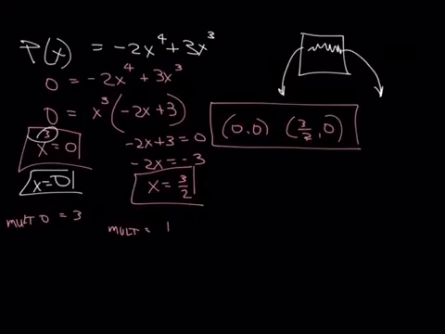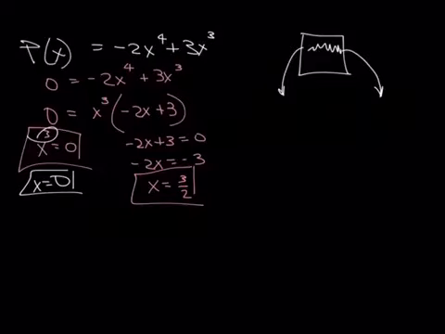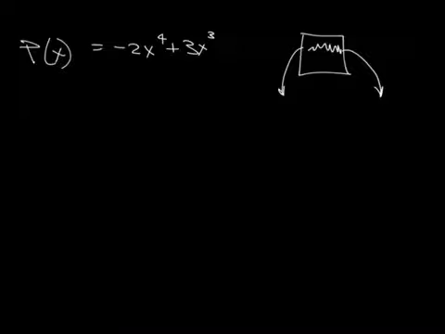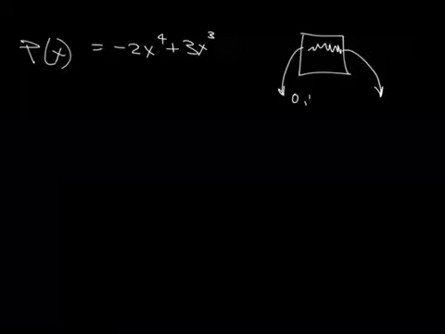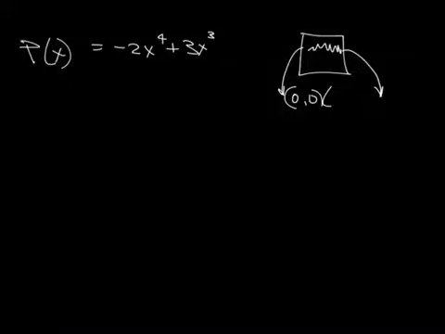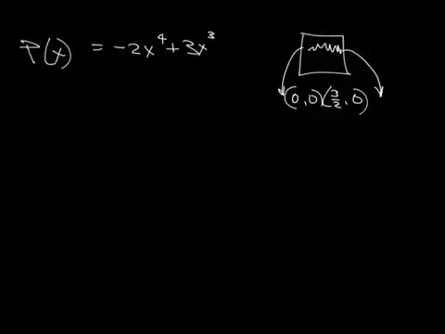Alright, so let's get some of this out of here. So, what did I say we got? We got 0, 0, and 0, and 3 halves, 0 as my zeros of the equation, or where it crosses.